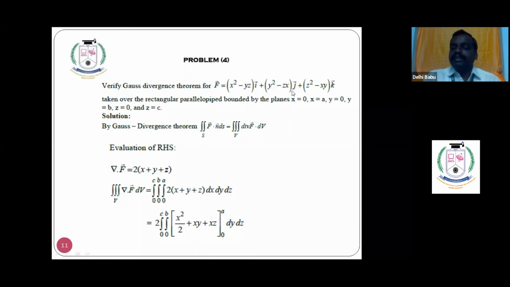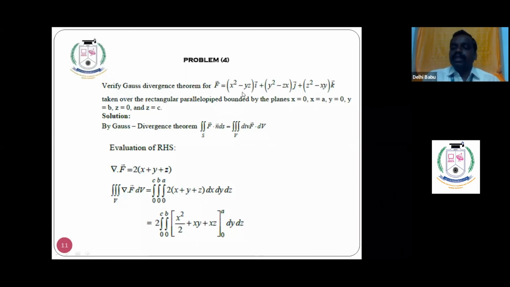Plus j vector dot j vector is 1, so differentiate this with respect to y. y² differentiation is 2y, and in the next one there is no y, so its partial differentiation with respect to y is 0. Plus k dot k is 1. z² differentiation is 2z, minus xy: there is no z term here, hence its partial differentiation with respect to z is 0.